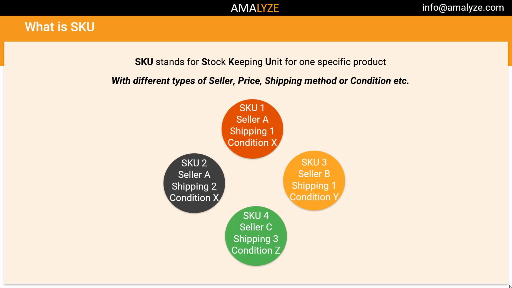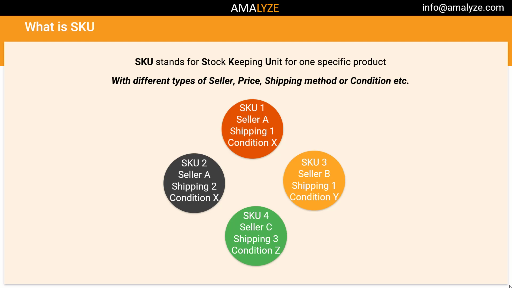Different sellers can use different prices, different shipping methods or conditions of the products like new or used or what else. And what we are seeing here is seller A is working with two different shipping methods, for example FBM, FBA. Another seller maybe is also using FBA shipping but has a different condition for that product.